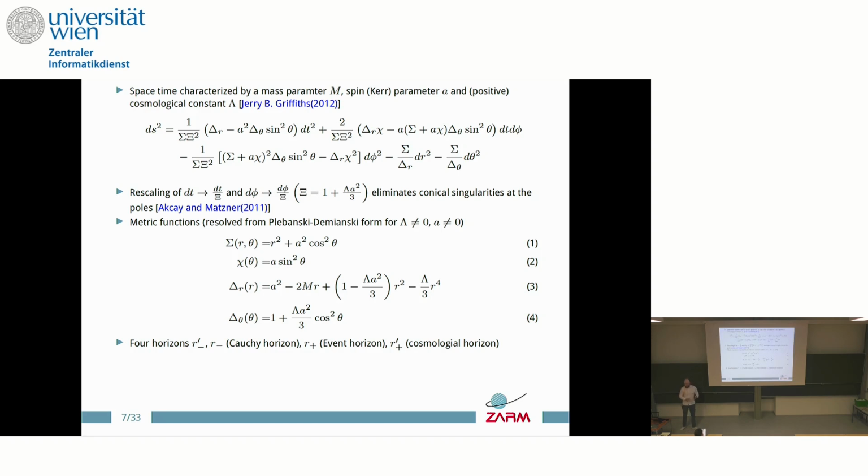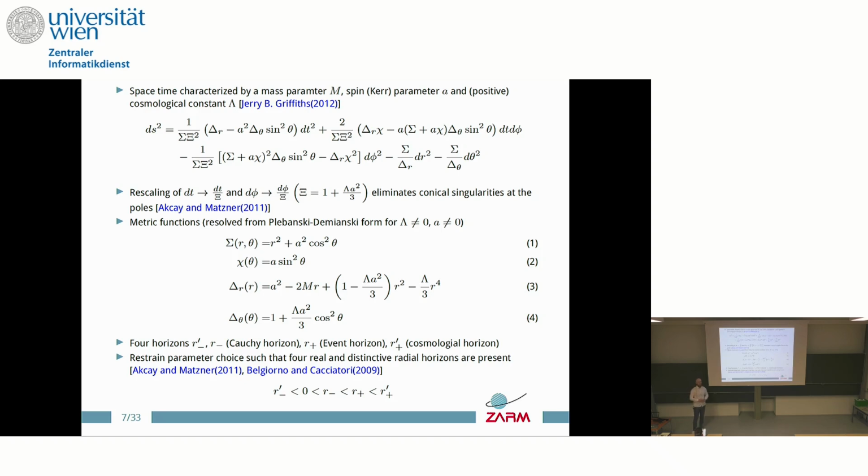And we have 4 horizons in this case: a negative cosmological horizon, a Cauchy horizon, an event horizon, and a positive cosmological horizon. And we demand that we choose our parameters in such a way that we have distinct and real horizon locations in order to prevent a naked singularity here.